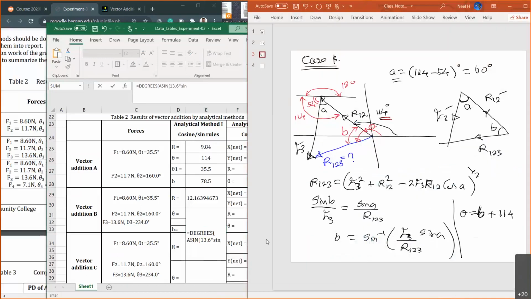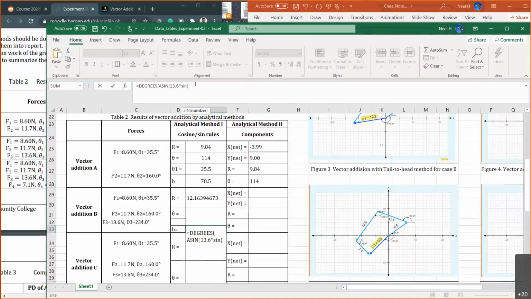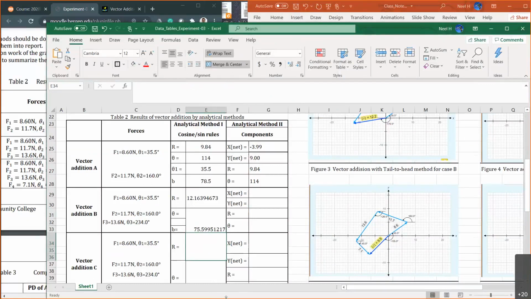Sine of A is 60 degrees. Sine, open brackets, I need the radian function there, and then 60 degrees, close brackets, close bracket for sine, and then divide by R123, that is this number, 12.16. Close brackets, and then close another bracket for degrees. Then you will get 75.59.